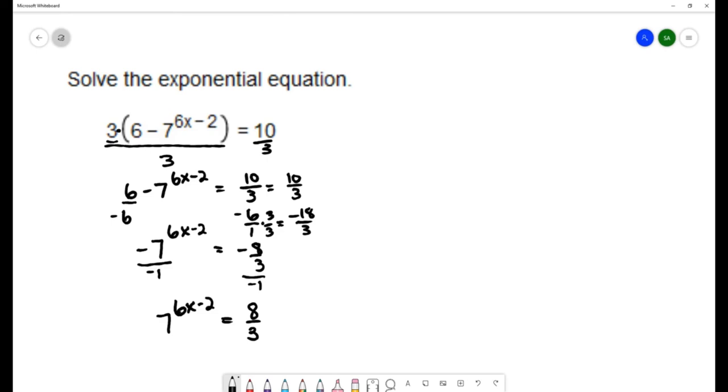So we can do natural log on the left. So that's natural log of 7 to the 6x minus 2 equals natural log of 8/3. We can now use the power rule for logarithms to bring that 6x minus 2 to the coefficient.